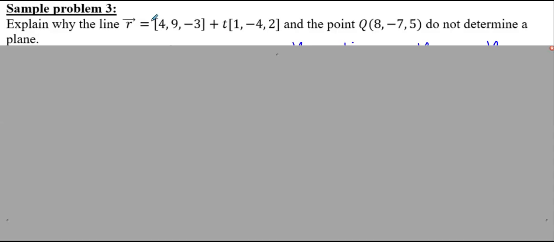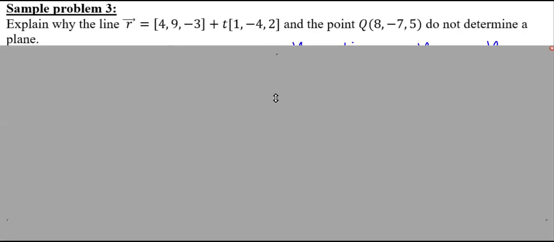So let's take a look at the question again. Why does it not determine a plane? Well, I need one direction vector, which I can get from there, and I can get a second direction vector, something like that. So what must be true about this point? Well, this point must be on the line. There's that collinear aspect again.